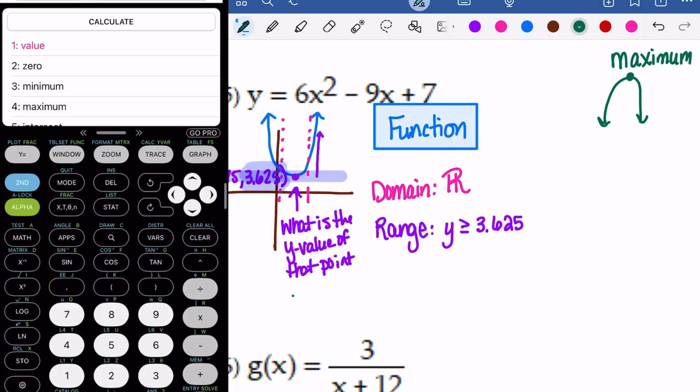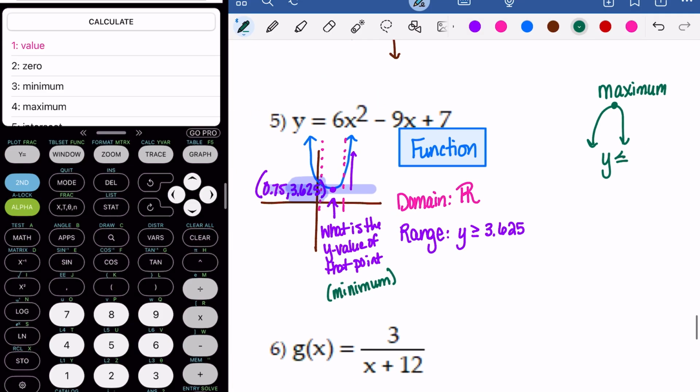Here we found the minimum in our calculator. In this other one, we would find the maximum, and we would do the same process. Now here our range would not be the values that are above, so it would not be y greater than, it would be y less than. I just want to make sure you were clear on the difference there.